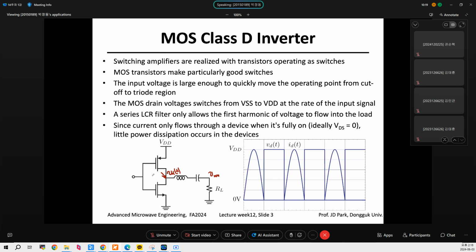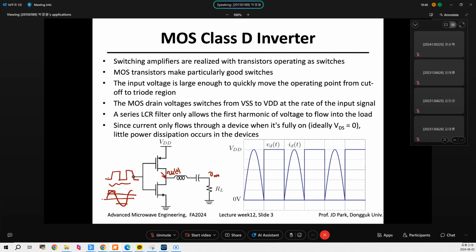So as you have seen before, if we input a large enough swing, it doesn't necessarily need to be this. If you just put a large swing, then for a certain reference, it becomes turned on, and at a certain reference, it becomes turned off.